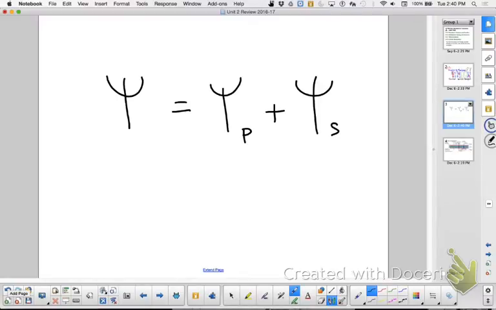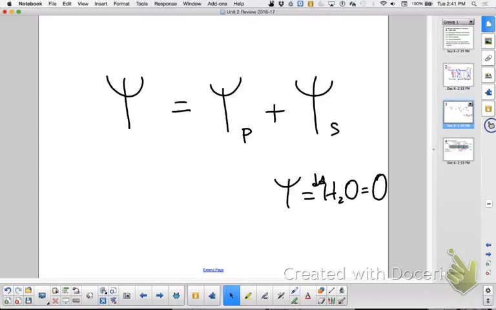And the water potential of double distilled water is always equal to 0. As you add solutes in, it will always go what? Negative. It always decreases the water potential as you add items in. Water will travel from a higher water potential to a lower water potential.